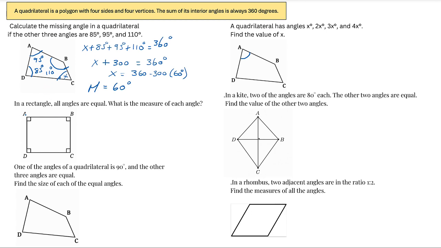So let's carry on. In a rectangle, all angles are equal. What is the measure of each angle? Now, we know, well, you should know, and if you don't know, this is a right angle. And a right angle always equals 90 degrees.